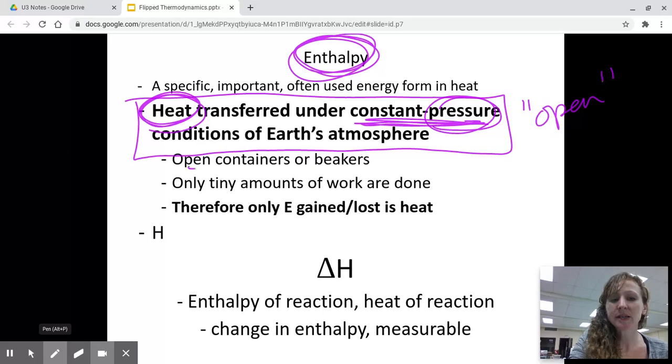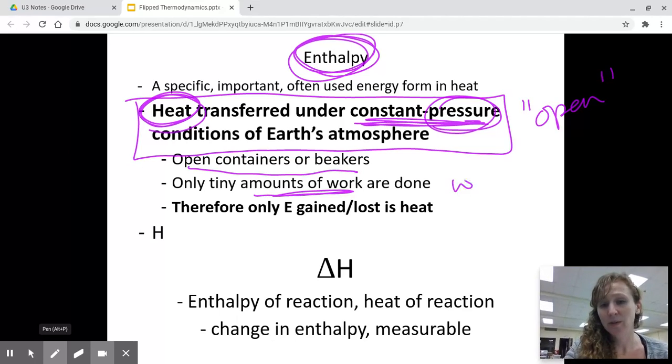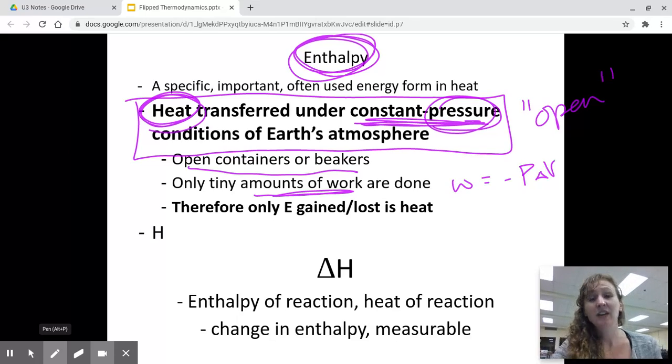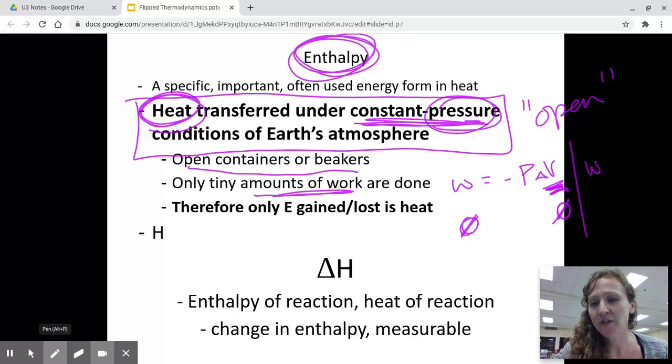So with open containers and beakers, only tiny amounts of work are done. Again, remember, in order to have work done, you need a change in volume. If your beaker is open, that means your volume is the beaker and the room and the earth and the universe. You're not going to change the volume of that. And if volume change is 0, therefore work is also 0.